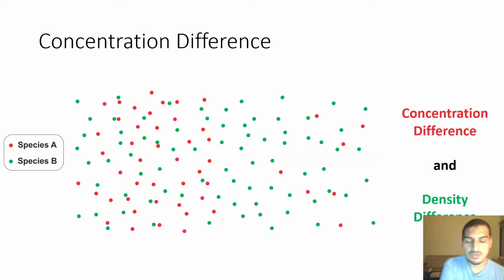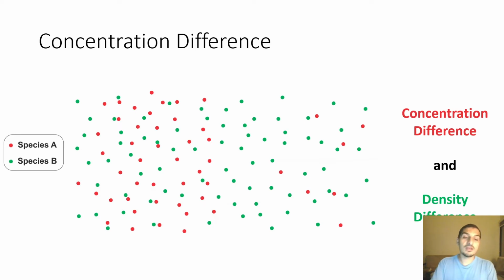The density of water would definitely be different from the density of water and alcohol, because you have a mixture, and this mixture will have an average density between that of water and that of alcohol. It is the same here. You have two components with different properties, and the mixture of the two species will have a different density than the mixture on the other side that has lower concentration of species A.